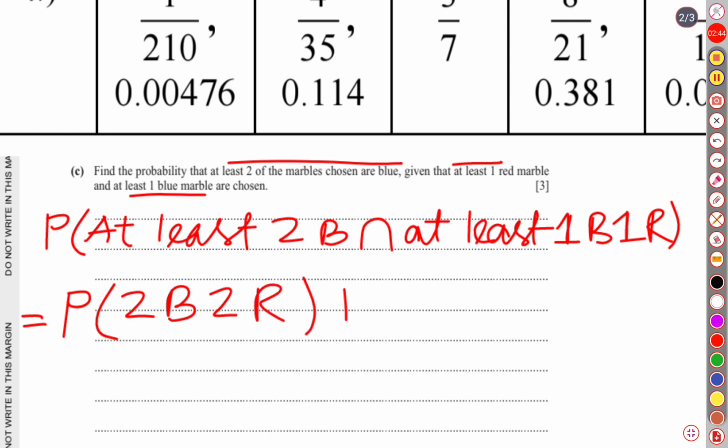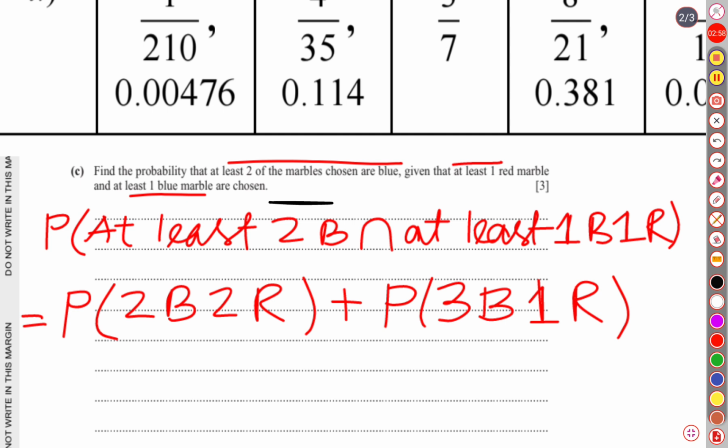Or there will be 3 blue marbles and 1 red marble. I think you got my point. At least 2 blue marbles means 2 blue marbles, or there can be 3 blue marbles.